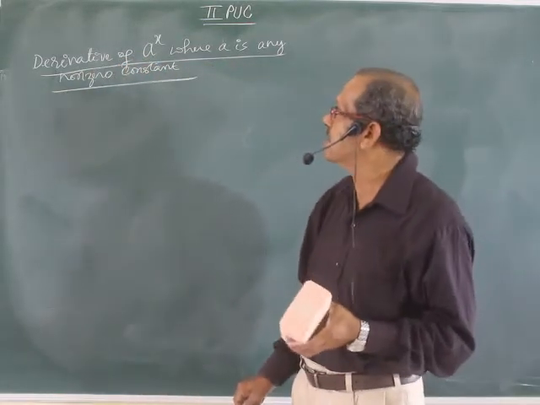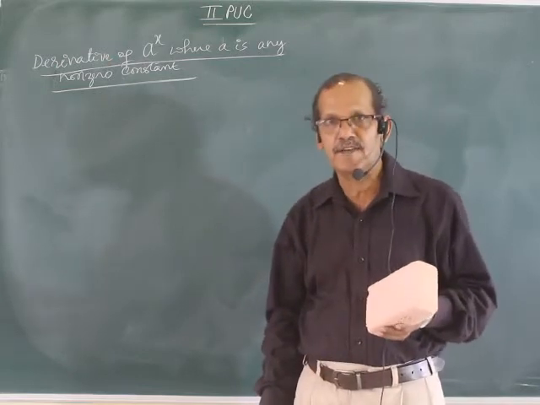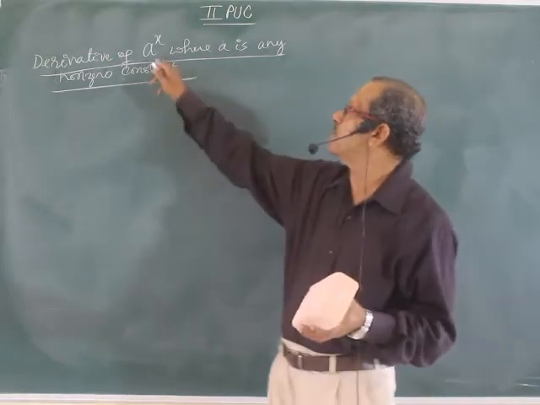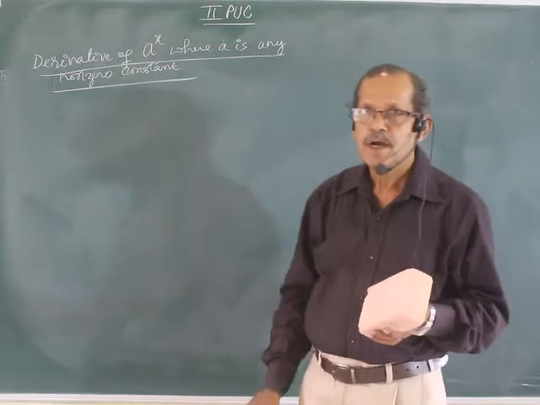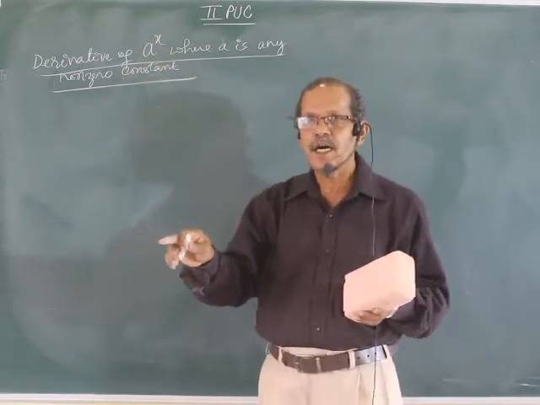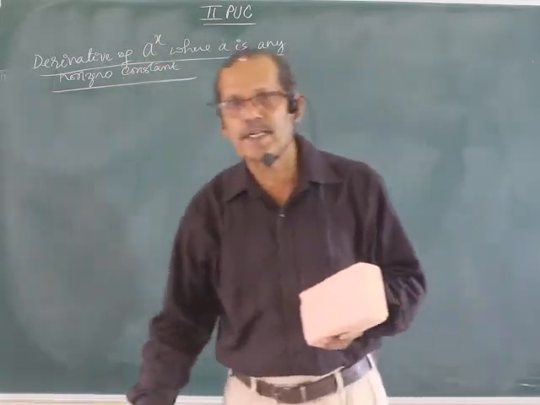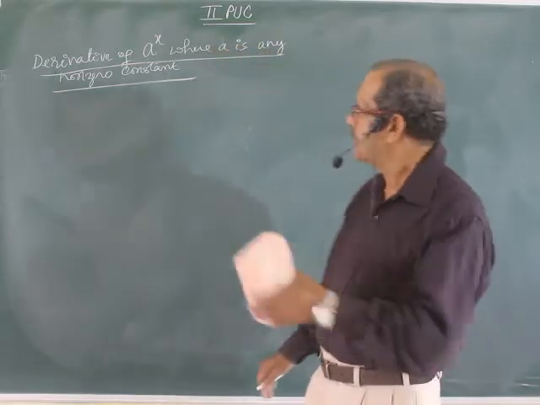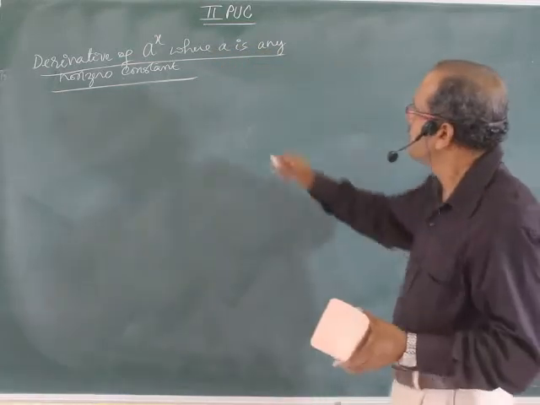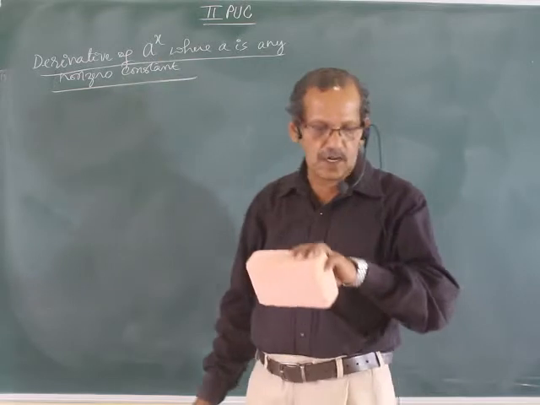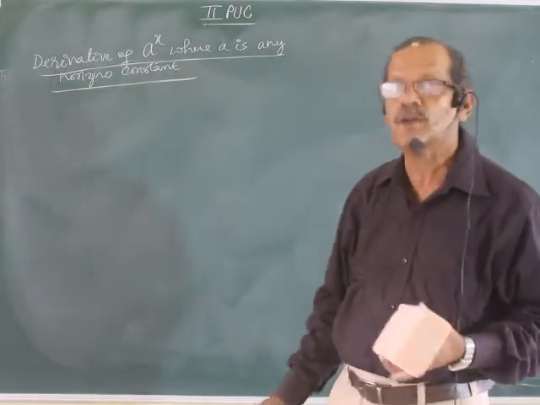Just the previous one was the derivative of the exponential function, correct? e to the power x, where e is a particular number, 2.7 something. Here a is any constant, any non-zero constant.